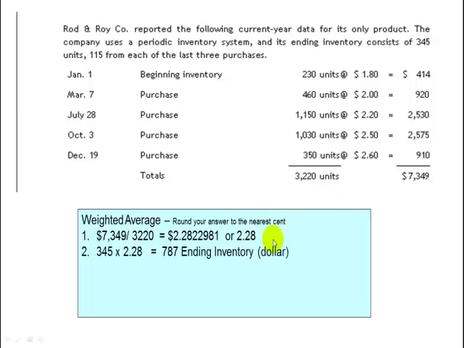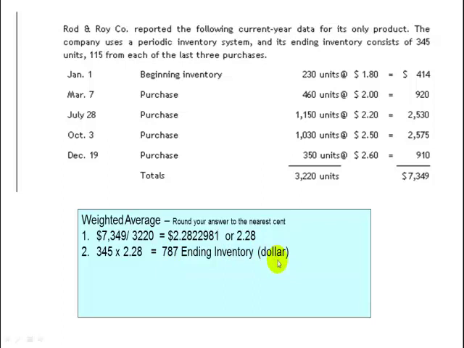So my ending inventory is, like I said all along, 345 units. Ending inventory of 345 units times the $2.28 weighted average cost gives a total ending inventory of $787, rounded to the nearest dollar.